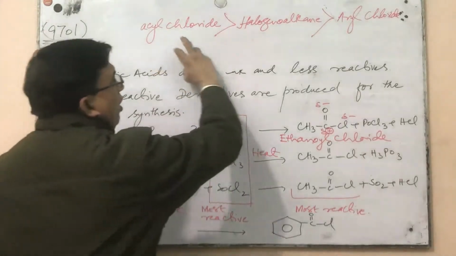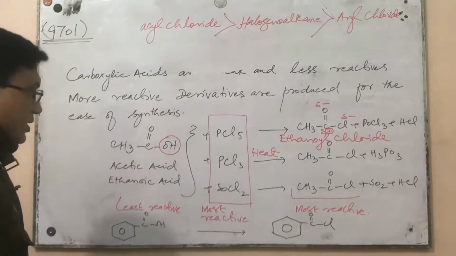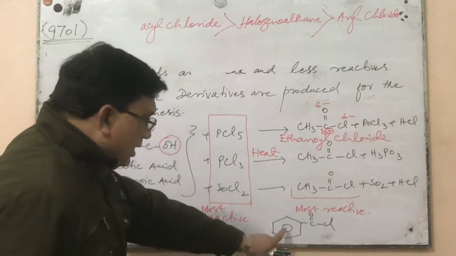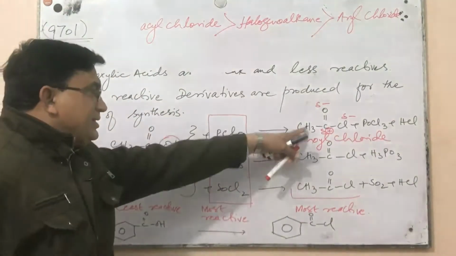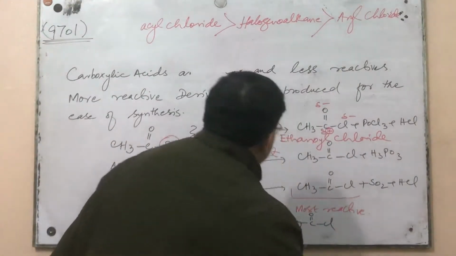That's why this is the order of reactivity. Why does aryl chloride become less reactive than both of these?